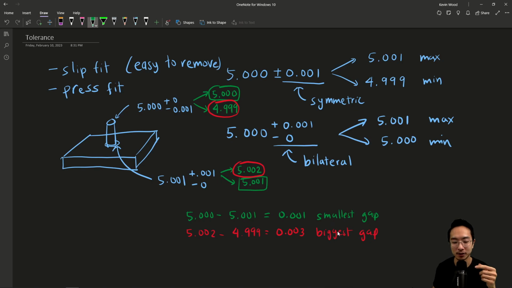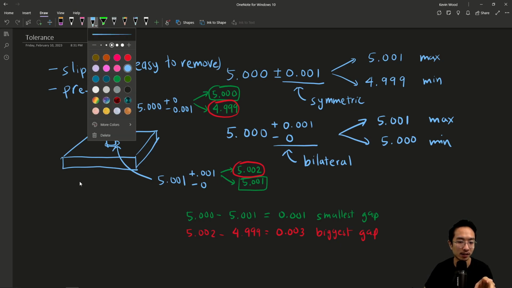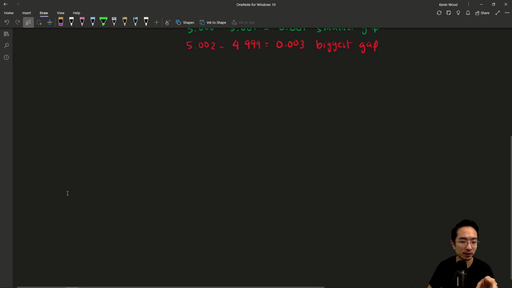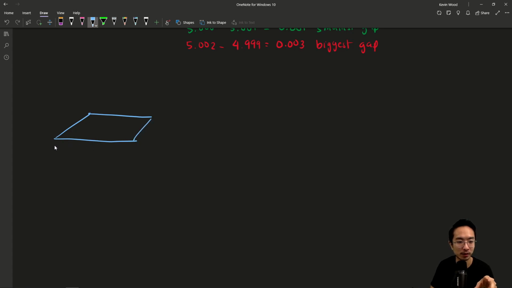But here you can see, this is typically how you would go about designing: you always want to consider the best case and the worst case, and then see if your spacing is good enough, right? So we could take the same idea and apply it to a press fit. So let's go ahead and just take a look at that. If we look at press fit, let's say we have that same plate example, right? So here we have our plate.